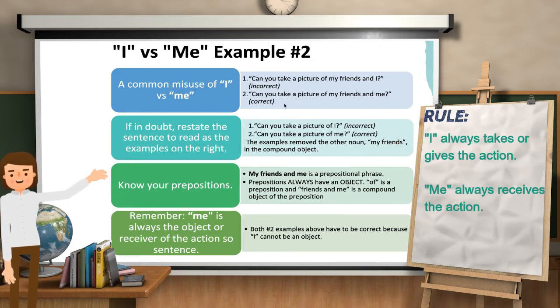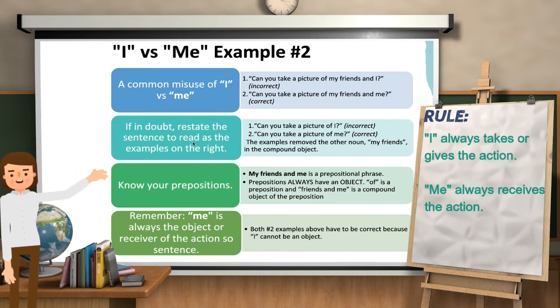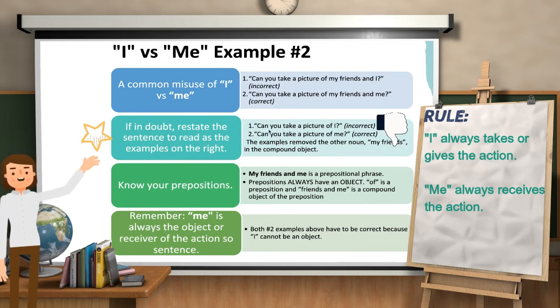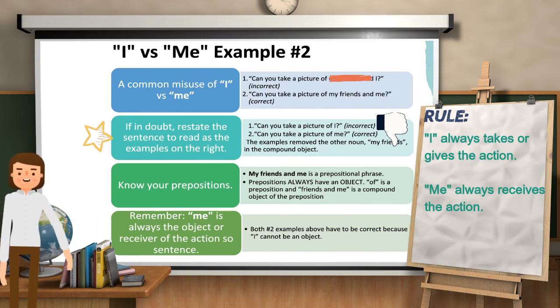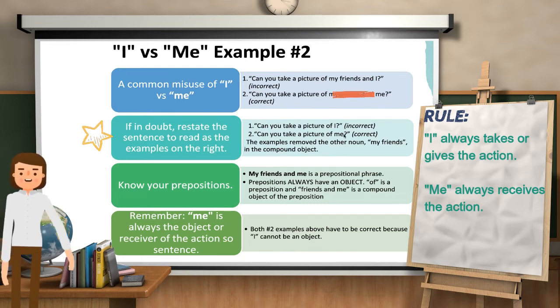So it should be, can you take a picture of my friends and me? Okay, when in doubt, restate the sentence to read the examples as I've done here on the right. Can you take a picture of I, where you're removing the compound my friends and, then say, can you take a picture of me?